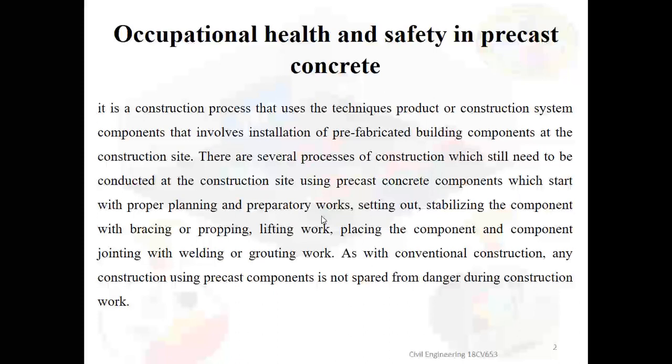There are several processes which still need to be carried out at the site using the precast concrete components, starting with proper planning and preparation of works, setting out, stabilizing the component with bracing or propping, lifting work, placing the component, and component jointing with welding or grouting work. As with conventional construction, any construction using precast components is not spared from danger during construction work.